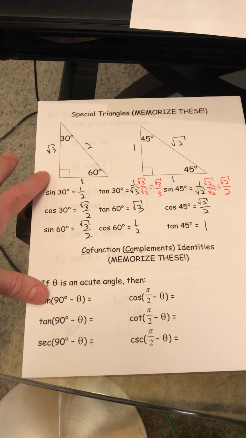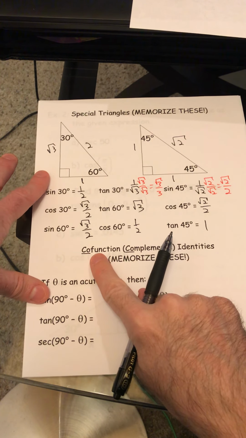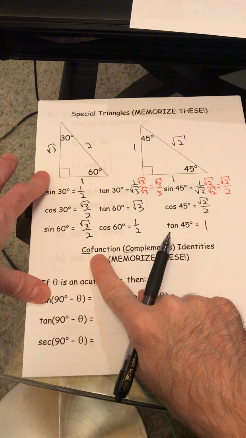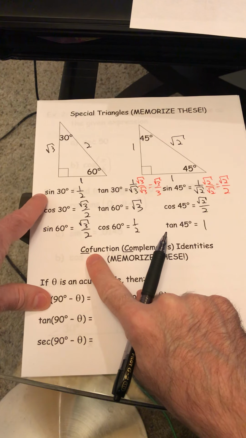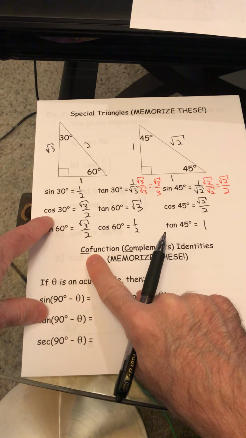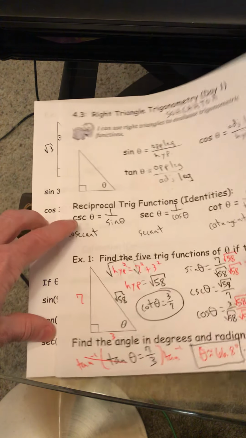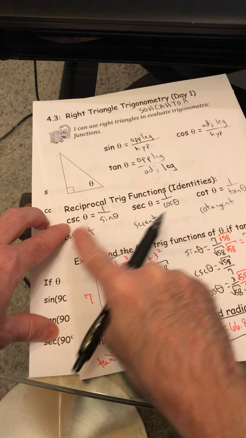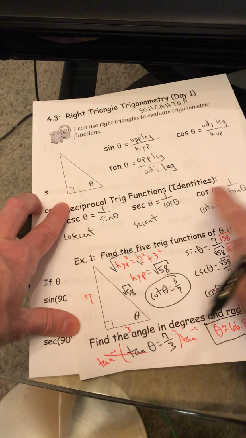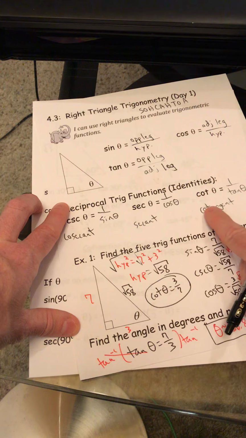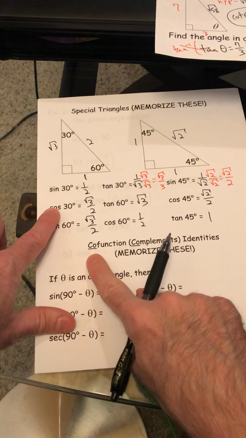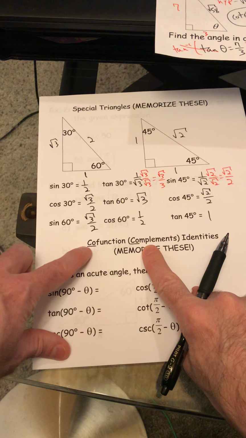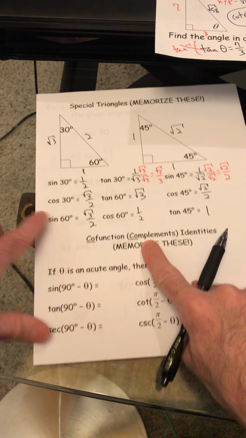All right, so I don't know if your teacher in geometry ever mentioned this to you, but there is a sine, there is a cosine. There is a secant and a cosecant. There is a tangent and a cotangent. Well, in all of those, the co stands for the complement function.